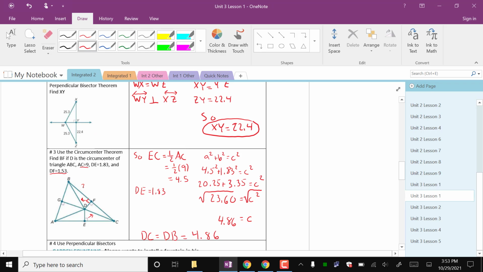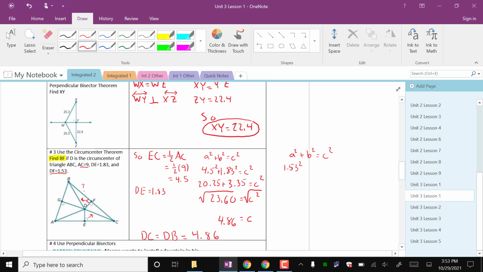How can I find it? Well, I'm going to use Pythagorean's theorem again. So a squared plus b squared equals c squared. So again, I have c squared. I have one on my side, so I'll just say that's a. So I said DF is 1.53. That's given to us. We're trying to find BF because that's what our original question asked for.